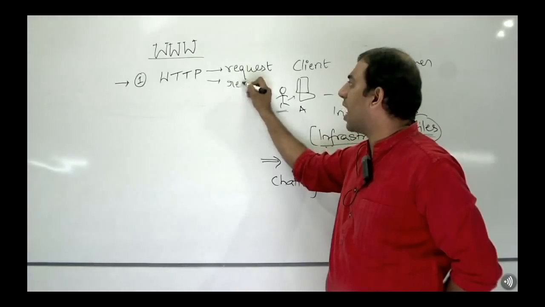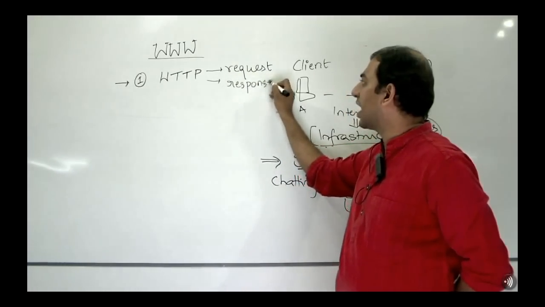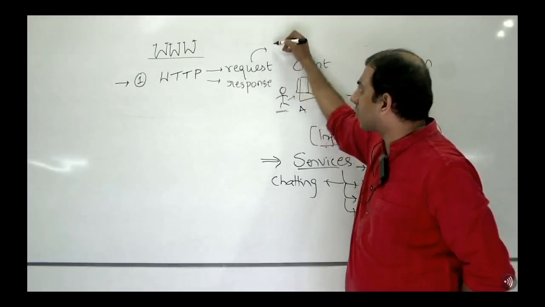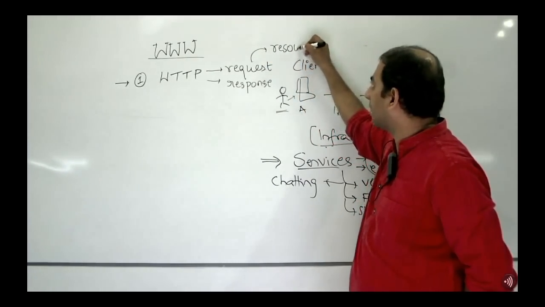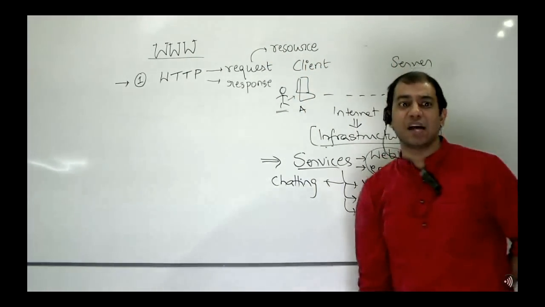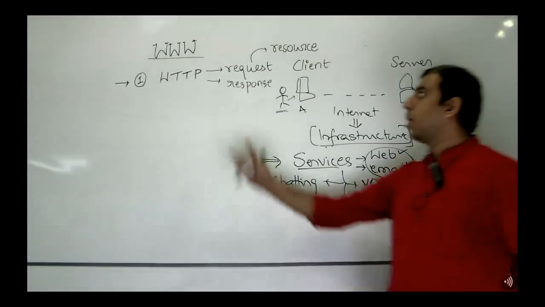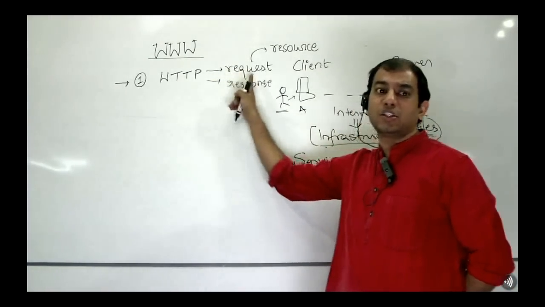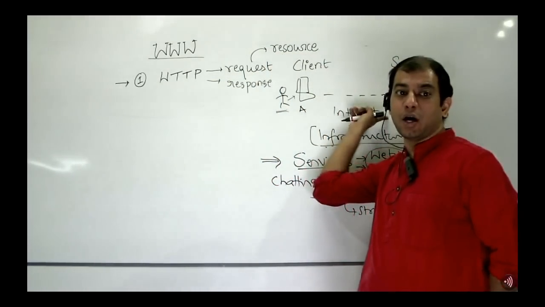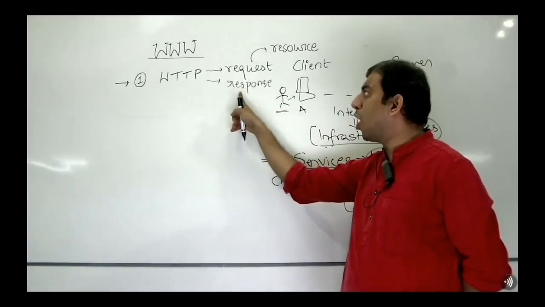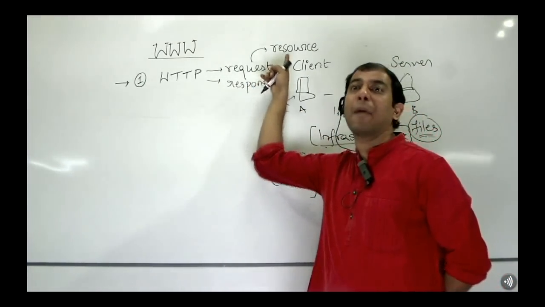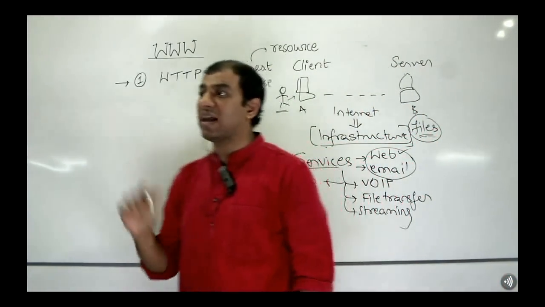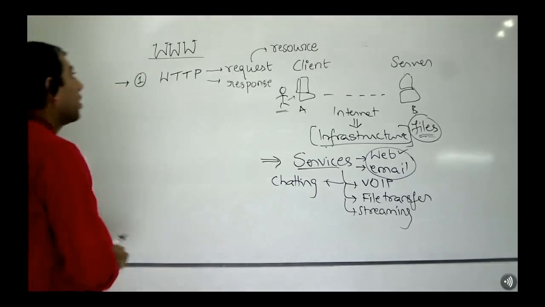Create a request and the ability to get hold of a response. You can create a request for a file, and a file is called a resource. So what we can do using HTTP is request a resource from a server, and the server can send a response, and in this response it can package the resource, the file that you have sought. We'll come to that.